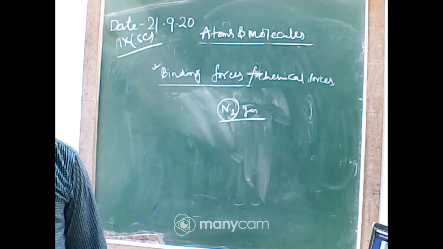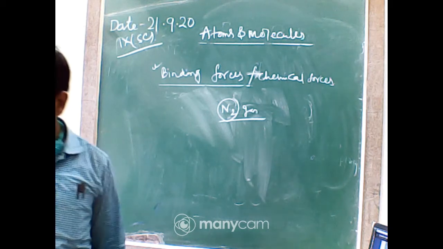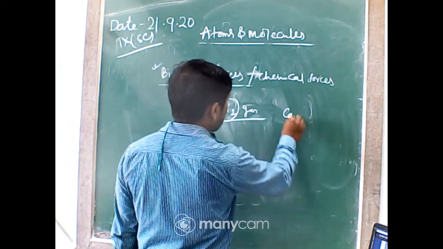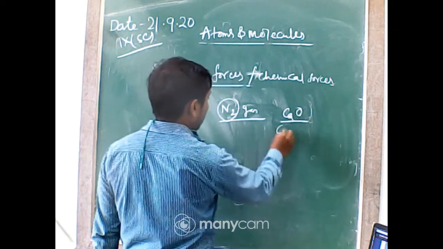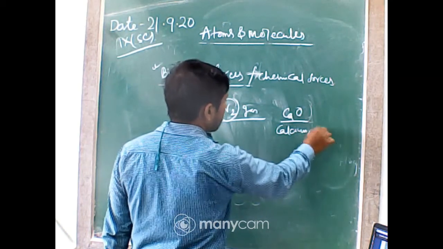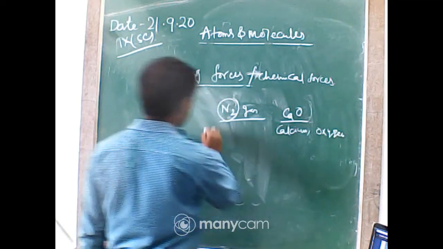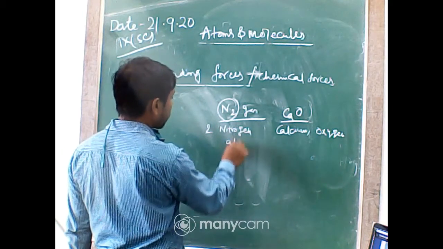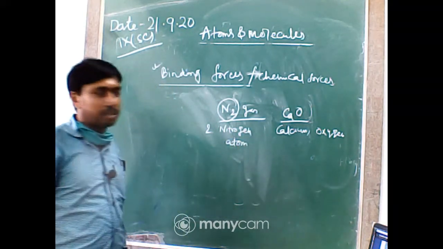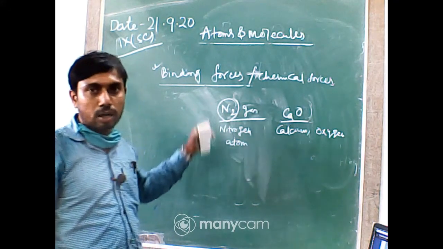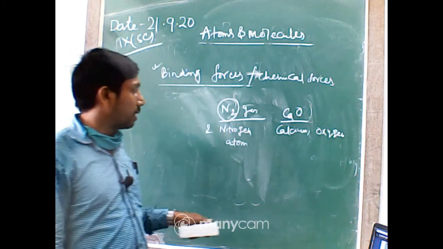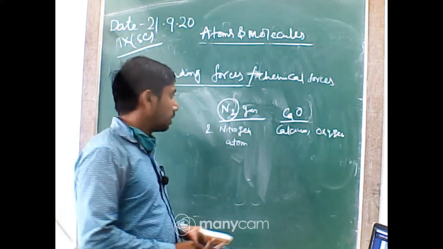Another definition is given: atoms of the same element or of different elements can join together to form molecules. The example is calcium oxide, where calcium and oxygen are there, and here two nitrogen atoms. The binding force I have discussed earlier may be electrovalent or covalent. It will be discussed in the special topic of electrovalency and covalency.